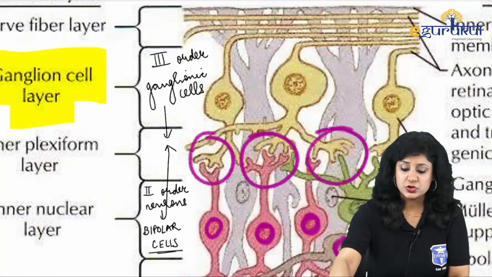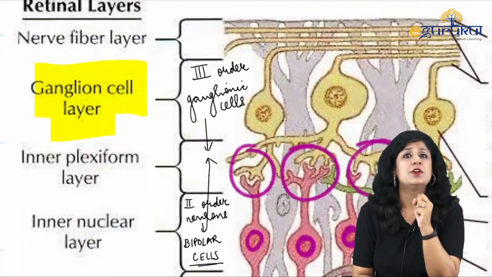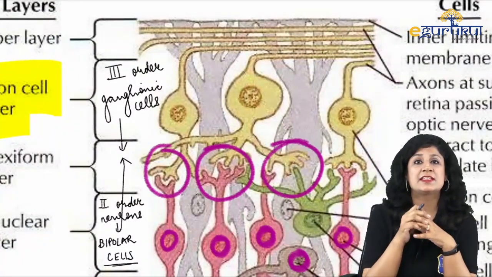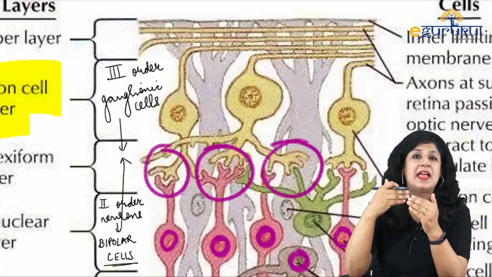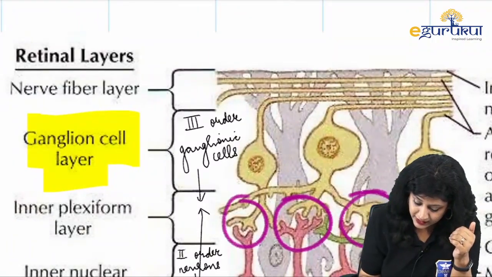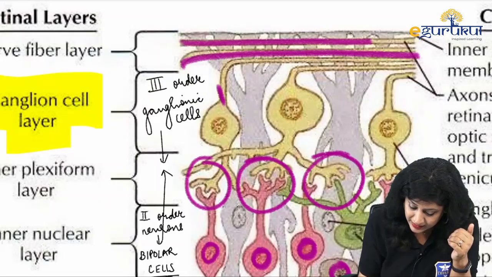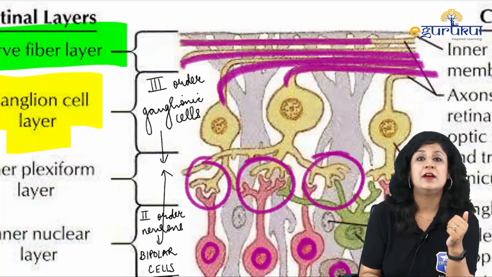Then finally we will come to the layer of ganglionic cells. When you reach the layer of the ganglionic cells, which are your third order neurons, the dendrites and axons are projecting in the next layer. Can you see these axons are going in the next layer? So what is this next layer? This next layer is your nerve fiber layer.